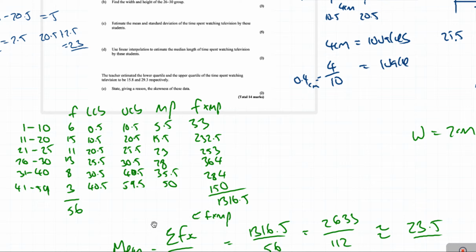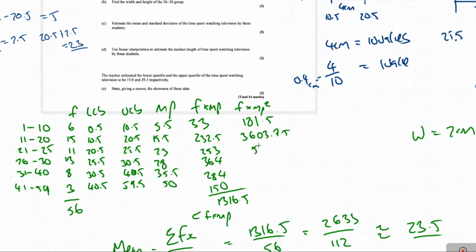So what we're going to do is say that it's f times the midpoint squared. So this is going to be 6 times 5.5 squared, which is 181.5, and then it's going to be 15.5 squared times 15, so again it's very long, 3603.75. Again, you should be able to do this on your calculator.